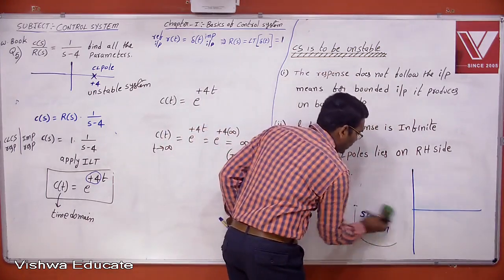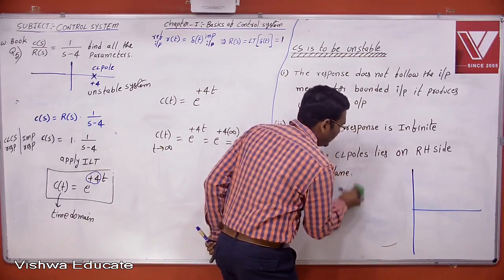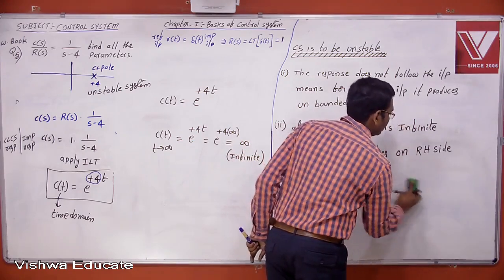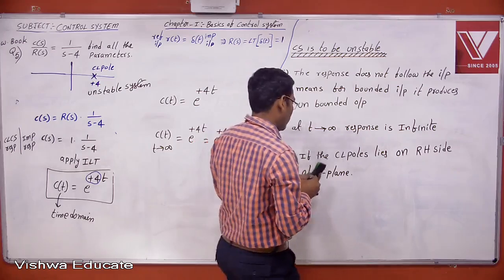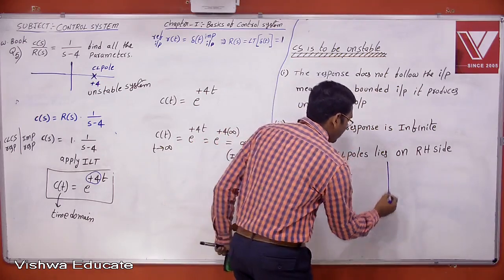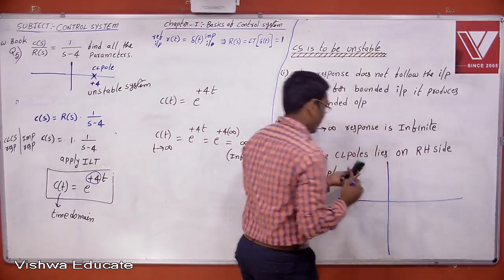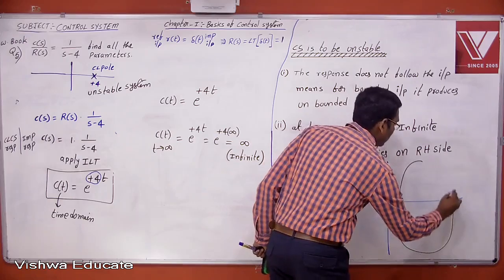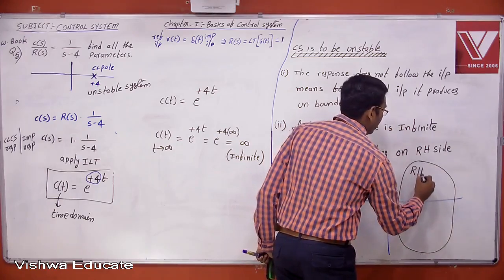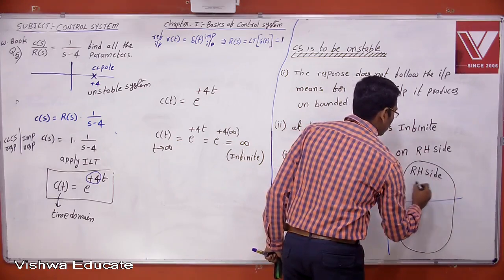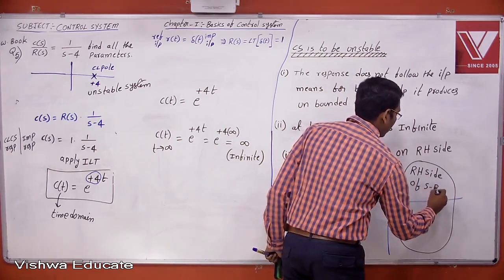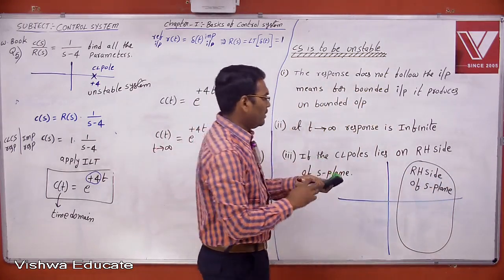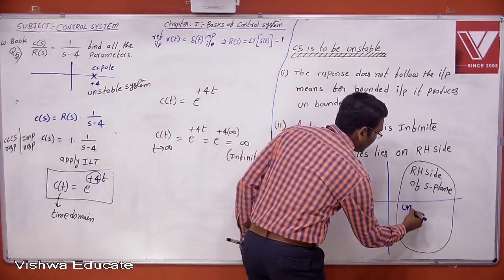Which means that if the closed loop poles lie on the right hand side of the S plane, now this is nothing but an unstable region.